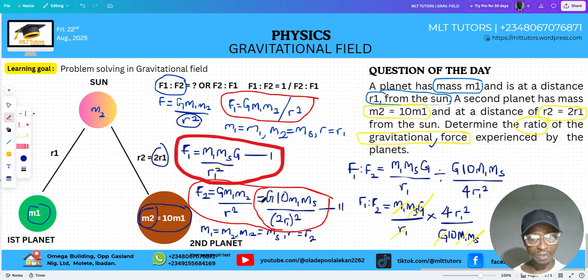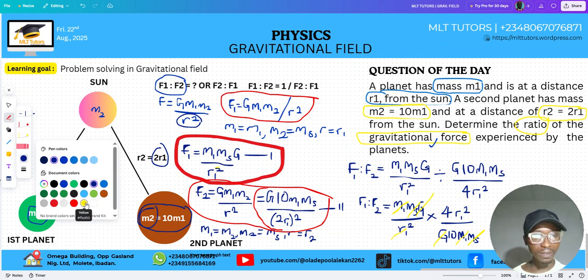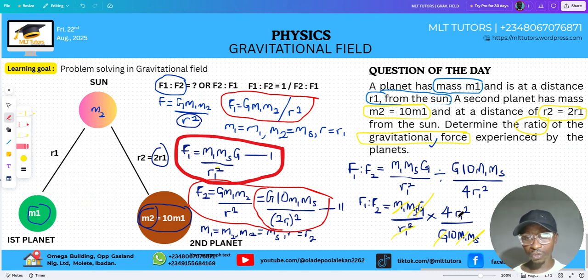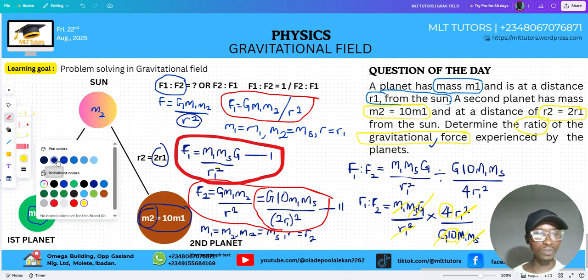So there is squared here, and as a result of that, r1 squared will also cancel r1 squared. So we are left with 4/10. Okay, so we are almost there.